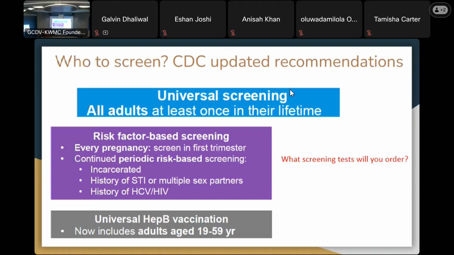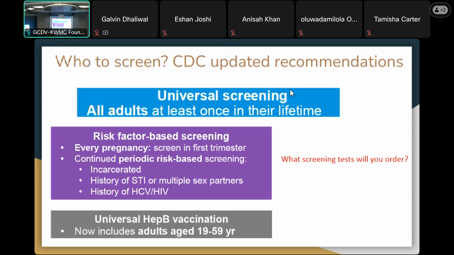C antibody? Did I hear C antibody? Yes. What else? So surface antigen, surface antibody, and core antibody. Those are the only three tests you need initially.